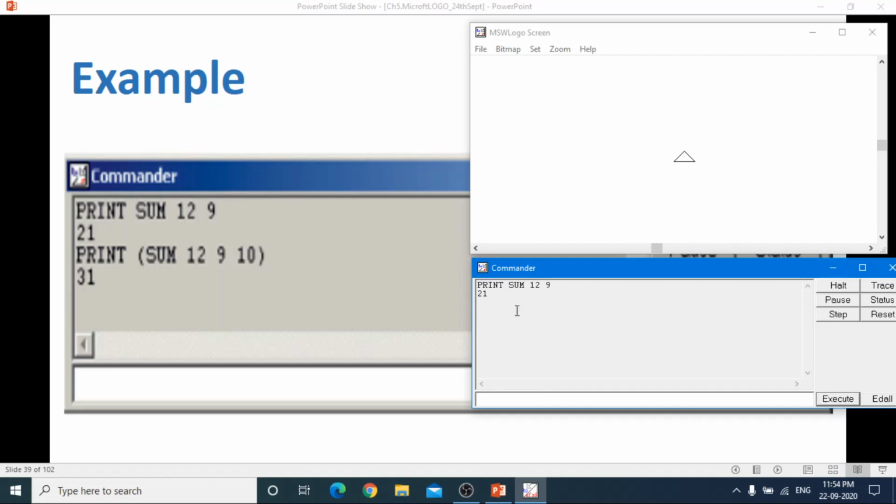Simply print space sum and the numbers, and there should be a space between the numbers. Now if we have more than two numbers, then we should use brackets. 12 9 and then space 10, and use the bracket. Okay, this is the sum function.